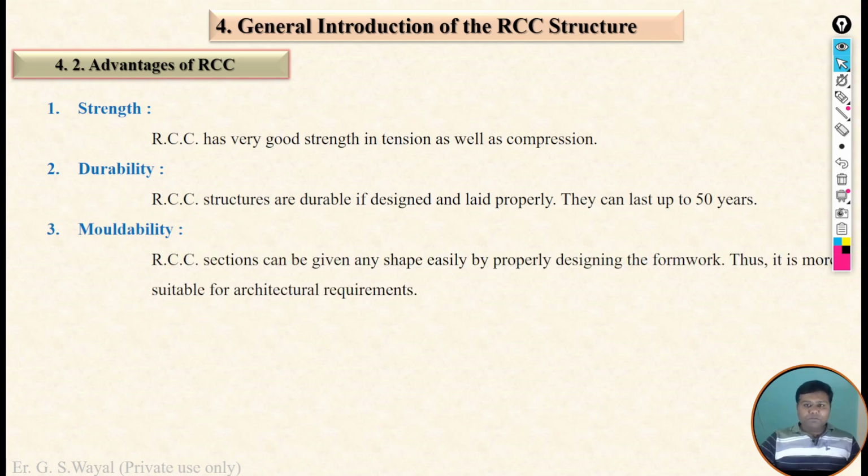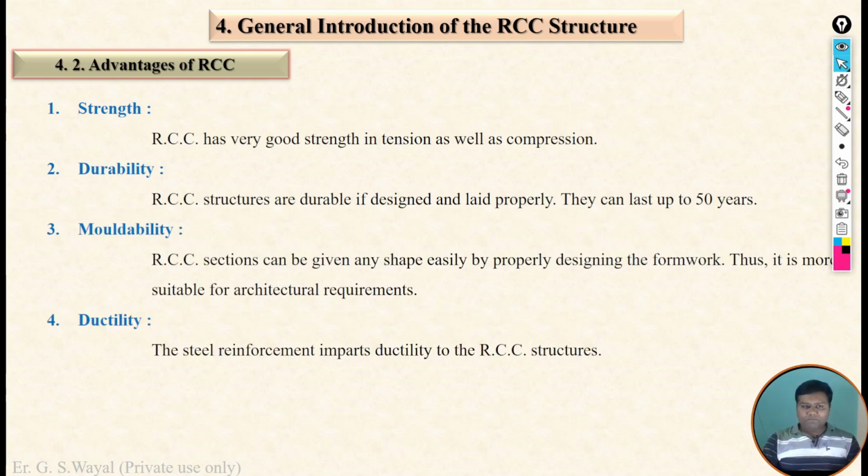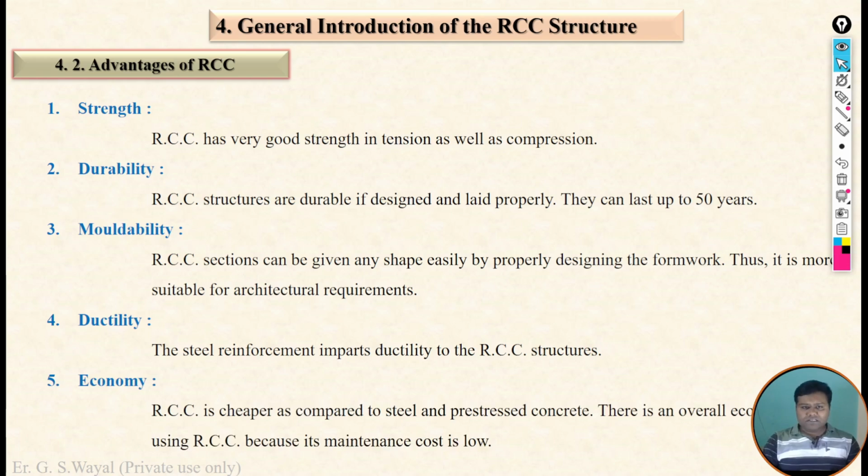Then moldability: we can mold an RCC structure in any shape. Ductility: the steel reinforcement imparts ductility to the RCC structure, and the ductility is very good. Economy: definitely the RCC structure is cheaper compared to steel and precast concrete. Precast concrete structures are generally used for bridges, to prepare the girders.